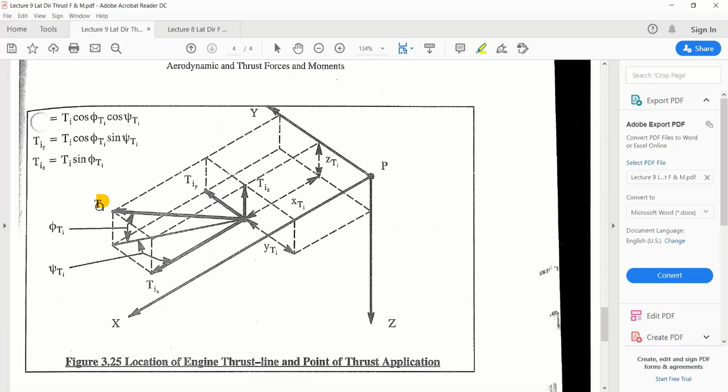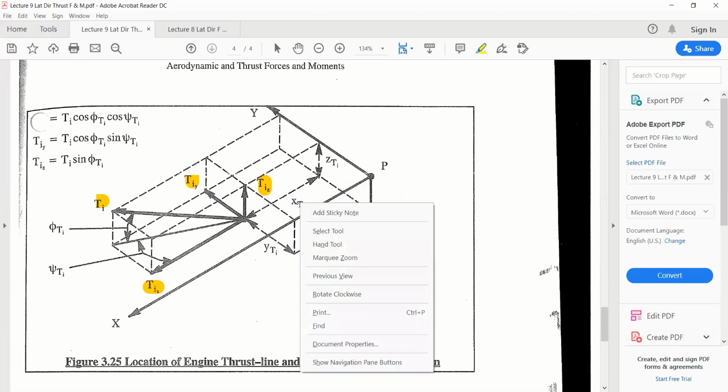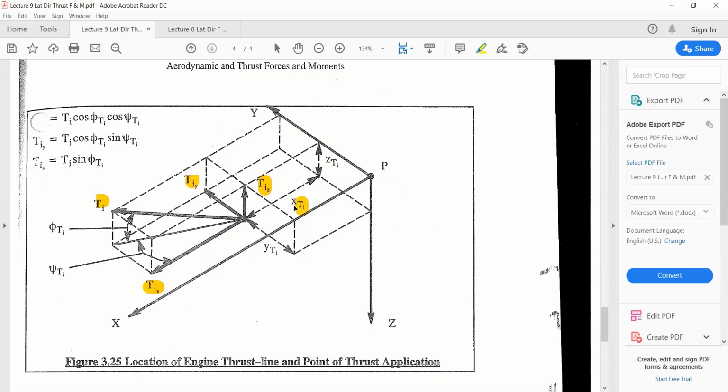And so you have to take components in the X, Y, and Z directions. And then you have to take all these moment arms and take the forces times the moment arms and get all kinds of formulas. And you look at the angle of the thrust.